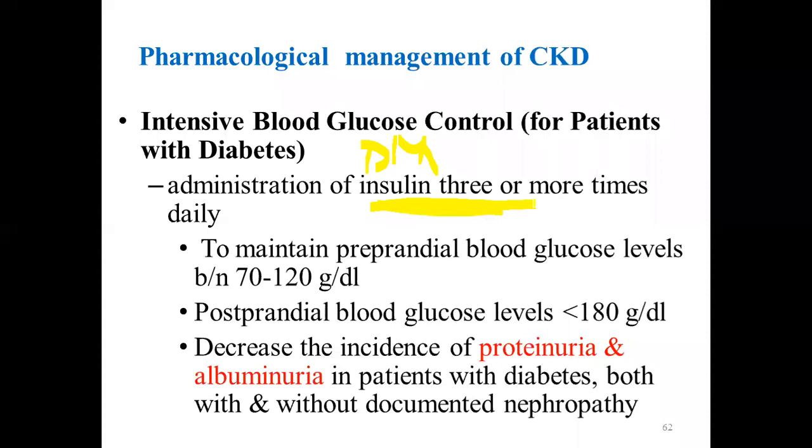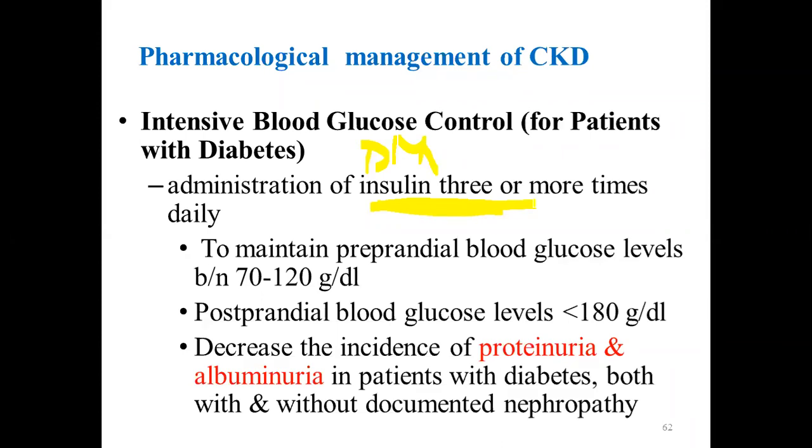In end-stage renal disease, oral hypoglycemic agents can be used with dose adjustment, but generally oral hypoglycemic agents in CKD patients are not recommended.